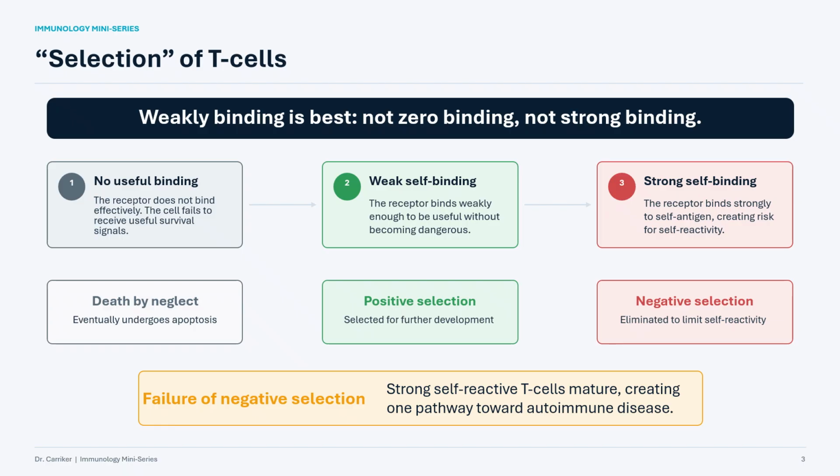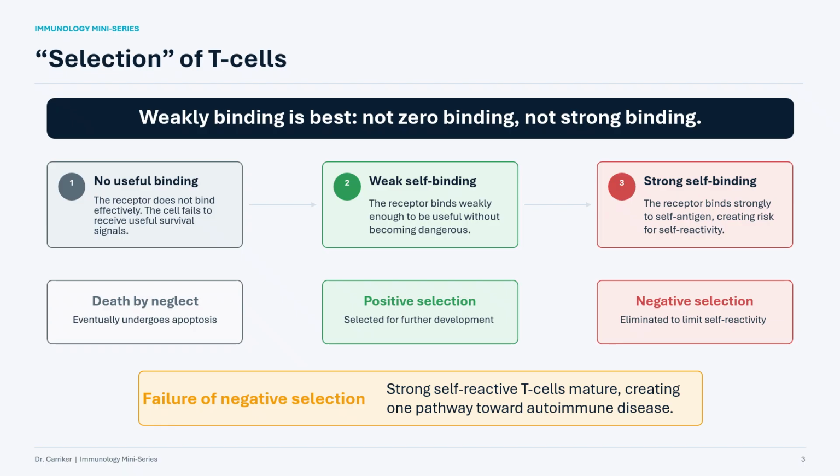The ethics board then asks whether the cell can do its job without attacking civilians, meaning healthy self-antigens. If the cell fails either side of that process, it can't recognize our own uniform, so it doesn't have any binding, or it attacks civilians, binding too strongly and starting to attack self, then that cell does not move forward in the selection process.